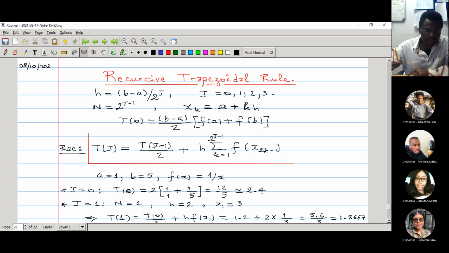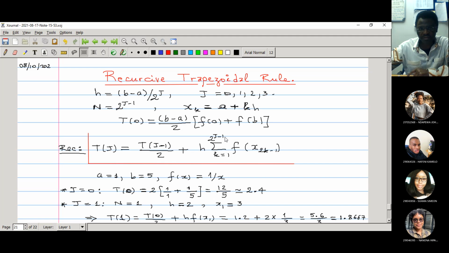So T0 will be divided by 2 to give the new one, and the interior points are what will be added. The endpoints, f of a and f of b, are all kept inside this first term that will be halving each time.